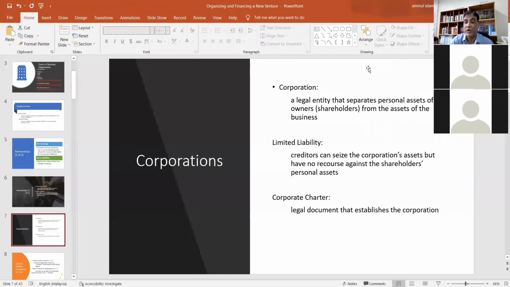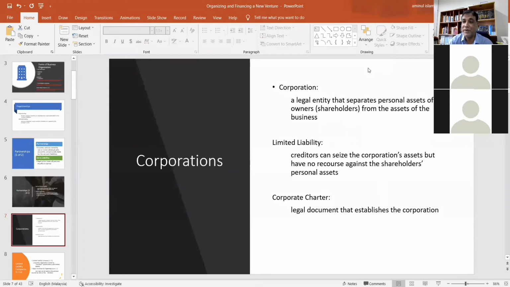So your personal ownership is separated from the ownership of the assets of an organization. Once you contribute to the business, that money becomes the corporation's money, no more yours. And that money is being used to finance the assets and operation of the business. So your personal finance is personal and the business is business, two totally different entities.